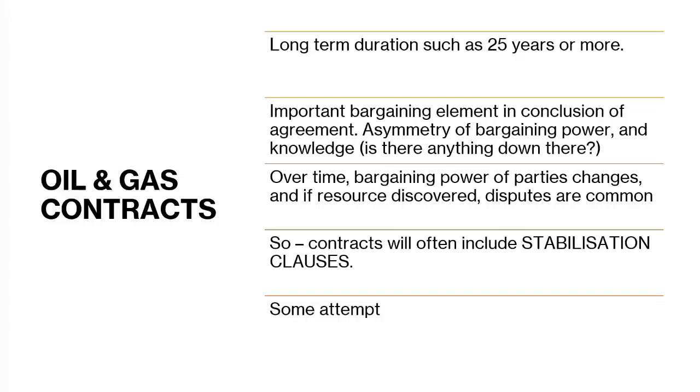So the company may insist on a stabilization clause. Governments don't like giving them, and sometimes they won't give them. Other times they define them in a certain way, and I could talk to you for 3 hours about how different they are, these stabilization clauses, but we don't have time for that.